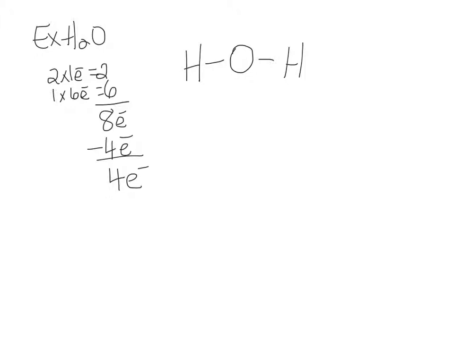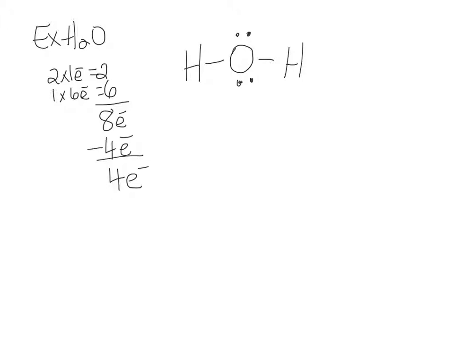Does hydrogen need any more? Okay, so you look at the outside atoms and you decide how many they need. Hydrogen doesn't need any more, so then the rest go on the central atom. How many electrons have I placed? 8. Does hydrogen have enough electrons?